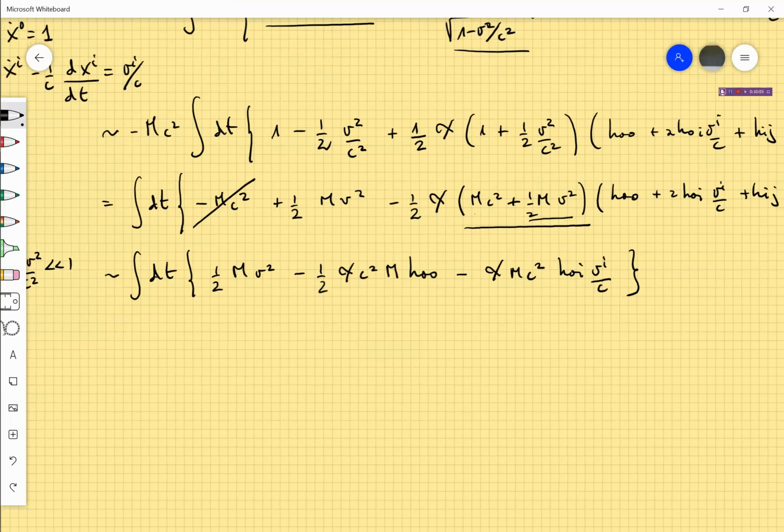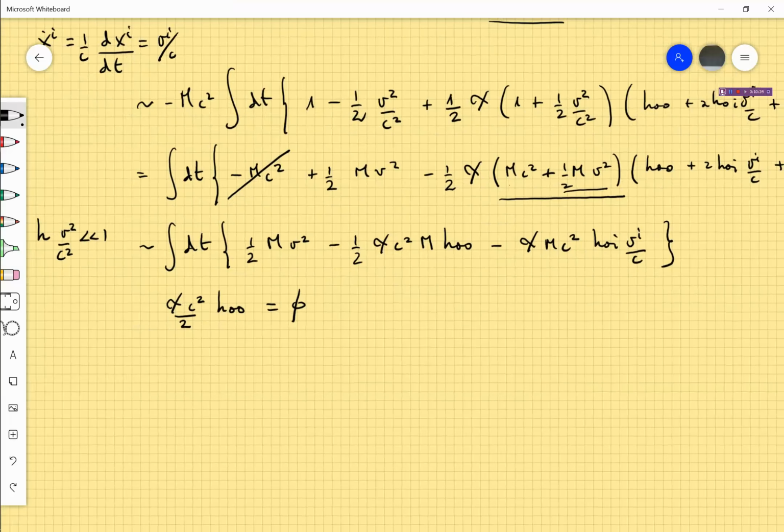Okay, to this order, and we have to remember the definition of this Newtonian potential phi, or at least the thing that plays the role of Newtonian potential in this limit. So essentially we wrote that chi c squared divided by 2 times h00 was phi, the gravitational potential.